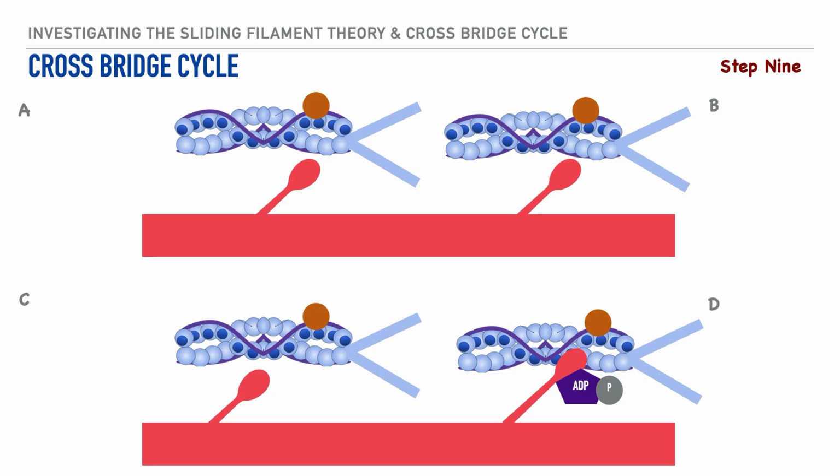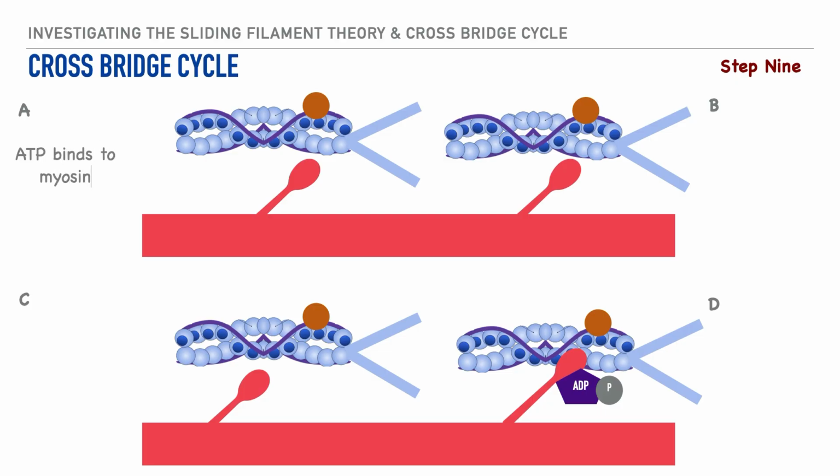First, let's remember that in the previous step, calcium bound to troponin, causing tropomyosin to shift and uncover actin's active sites, leaving them exposed. Now, this process technically begins with ATP binding to what we call the myosin heads, the pink club-like structure that you see here.